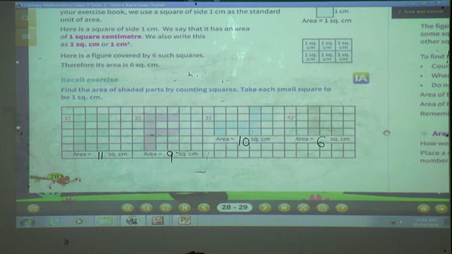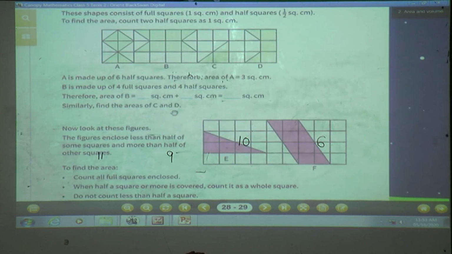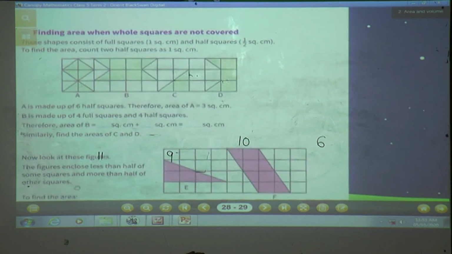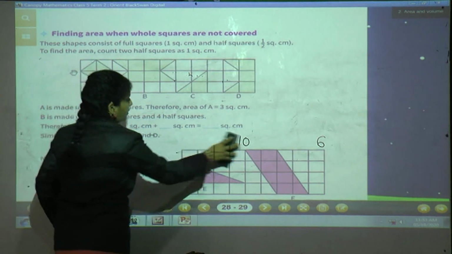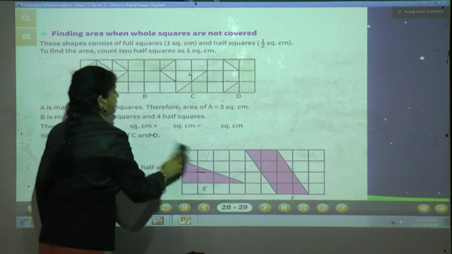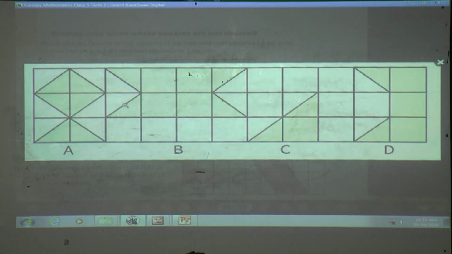So students, we'll see our next point, finding area when whole squares are not covered. Here on page number 29. How to find an area when whole squares are not covered? See, here is one figure. These shapes consist of full squares, 1 square centimeter, and half squares, that means half square centimeter.